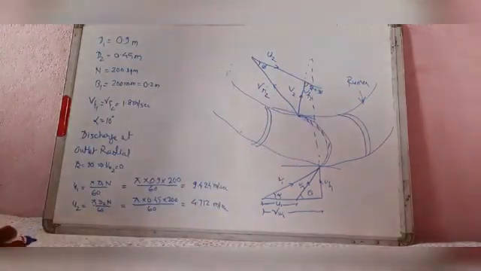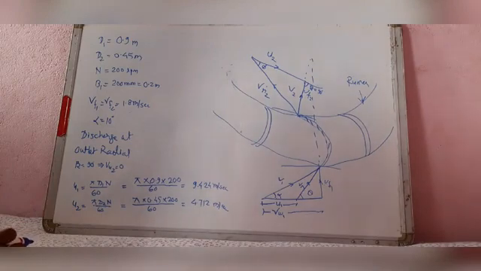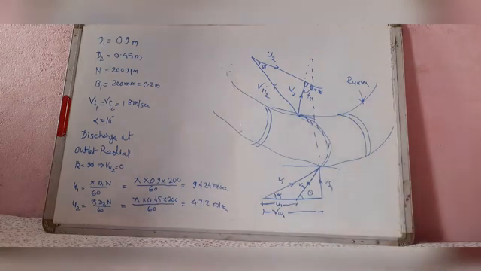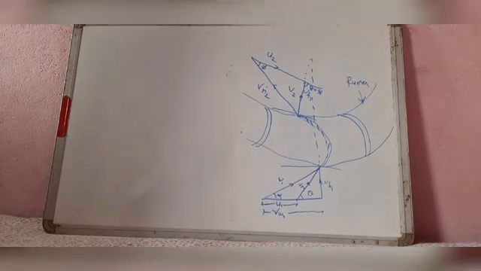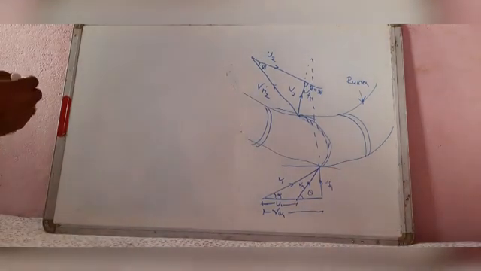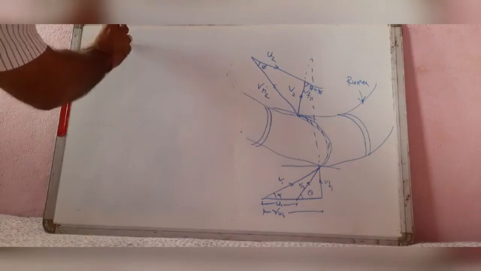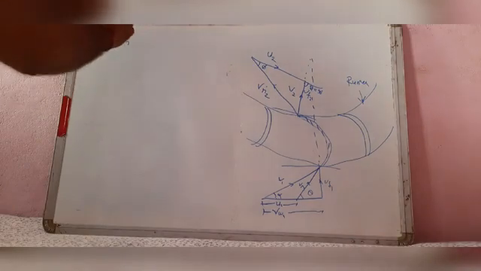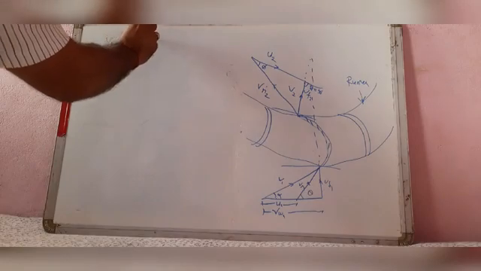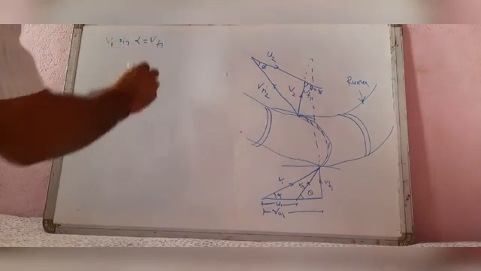This is the runner. Now, the absolute velocity of water at the inlet of the runner, V1, we have to calculate. V1 sin alpha equal to VF1.